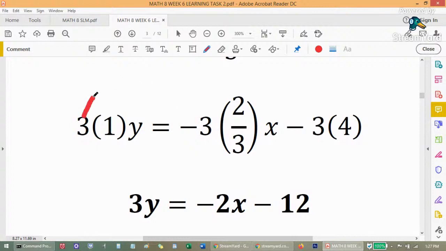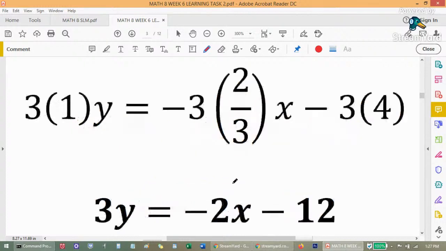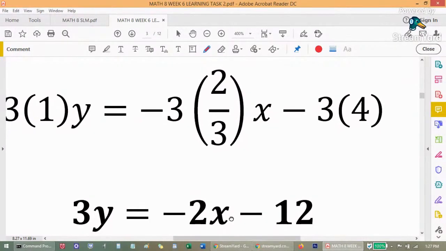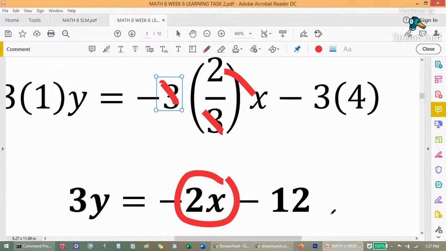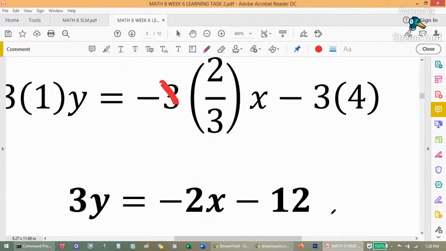So, mangyayari is 3 times 1 is 3 equals negative. And then itong 3 na to will cancel with sa 3 dito. Ang matitira is 2 times x, 2x. Okay? And then minus 3 times 4 is 12.